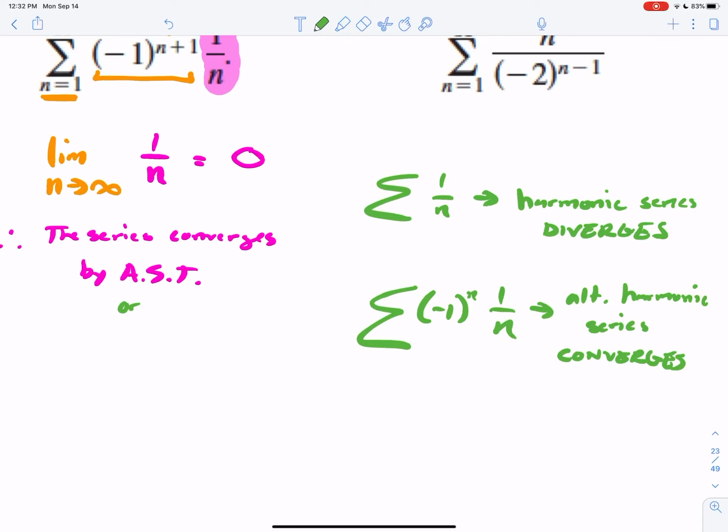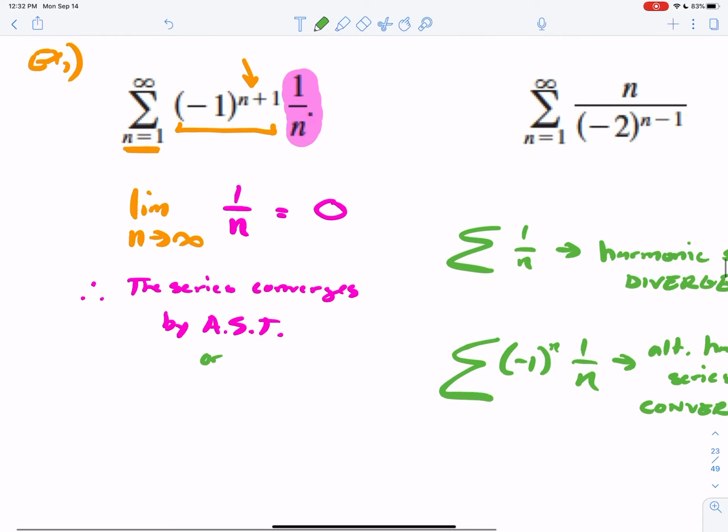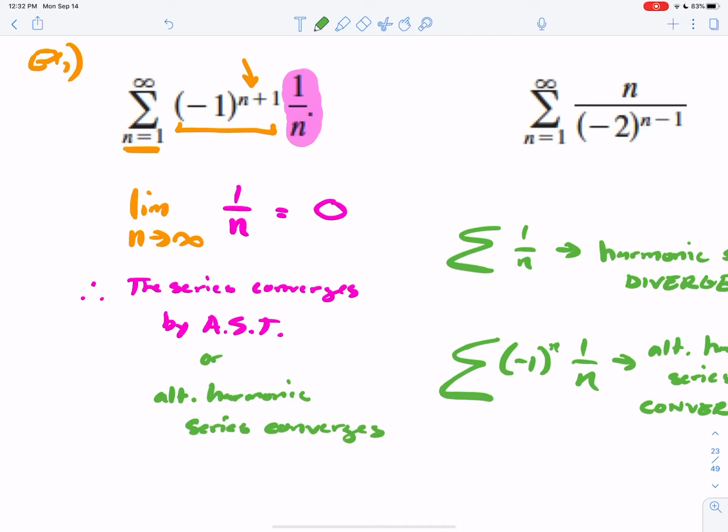So on your AP exam, you could easily say that this right here, the series converges, since it's an alternating harmonic series. So again, these two pop up a lot, so I encourage you to just remember it. Harmonic series diverges, alternating harmonic series converges, okay?